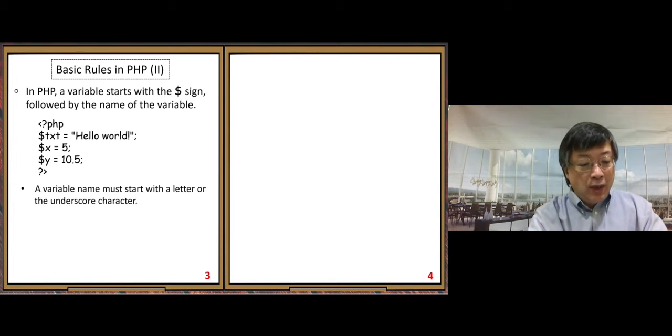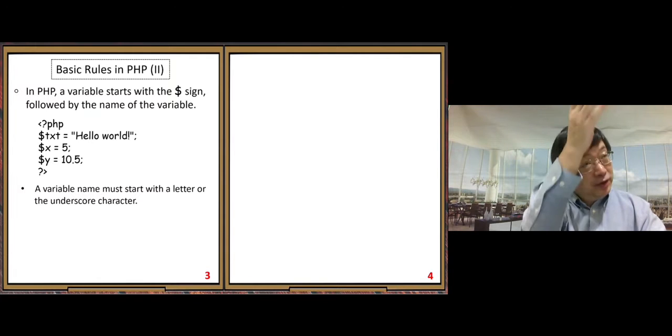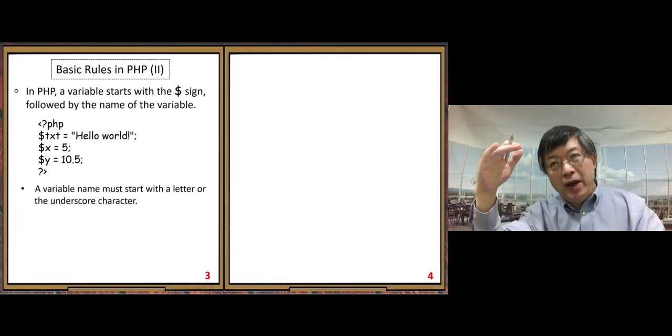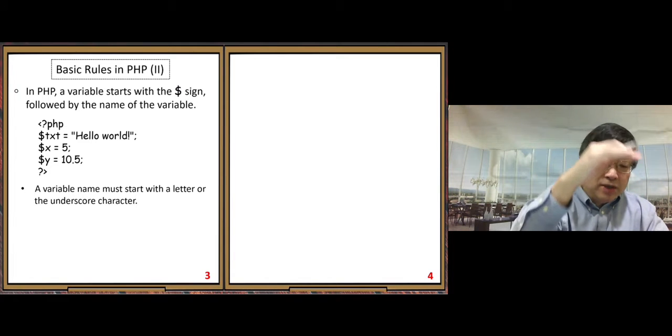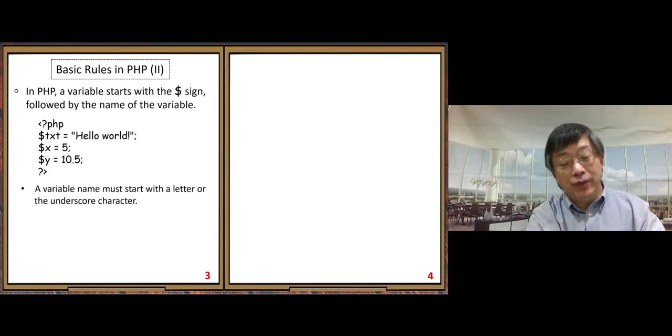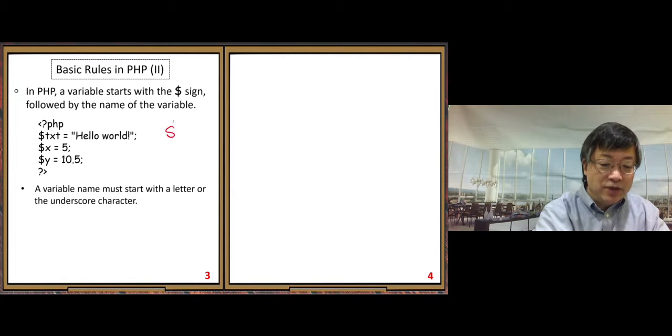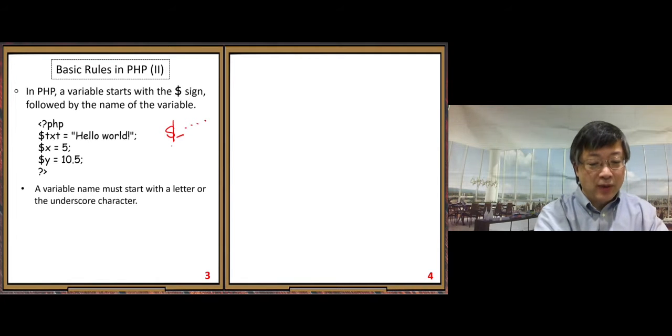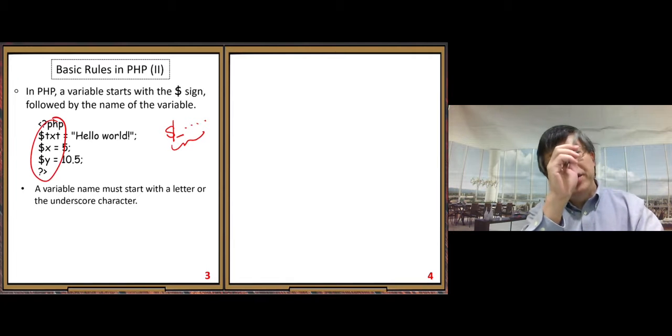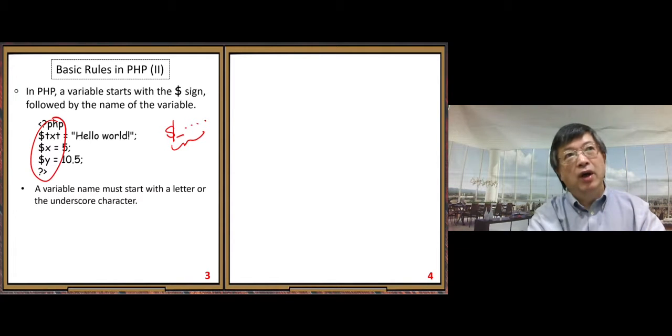A variable name must start after the $ sign. Then the remaining characters must start with a letter or the underscore character. Underscore, yeah, so that's a special case, $_something. Although usually, when we create variable names, we do not use that underscore.